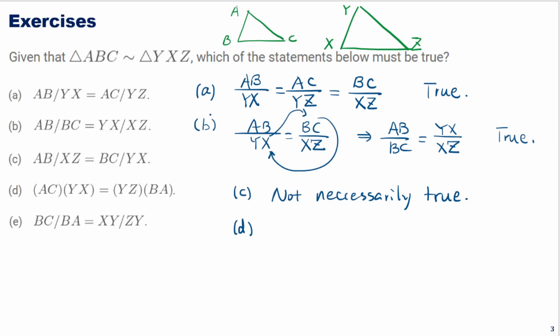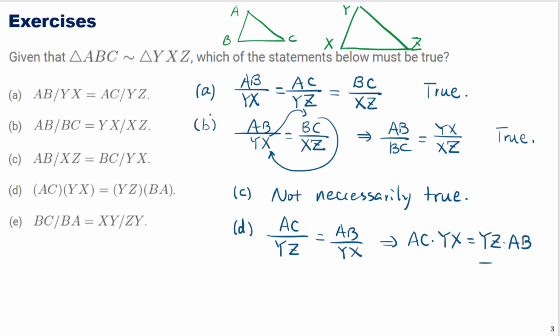And for statement D, AC over YZ. Because we have AC over YZ equals AB over YX, right? Then the cross product will be equal, so AC times YX should equal AB times YZ. So this is also true.